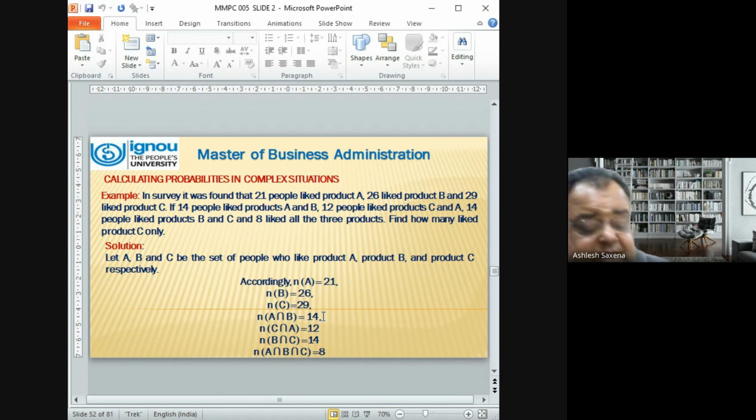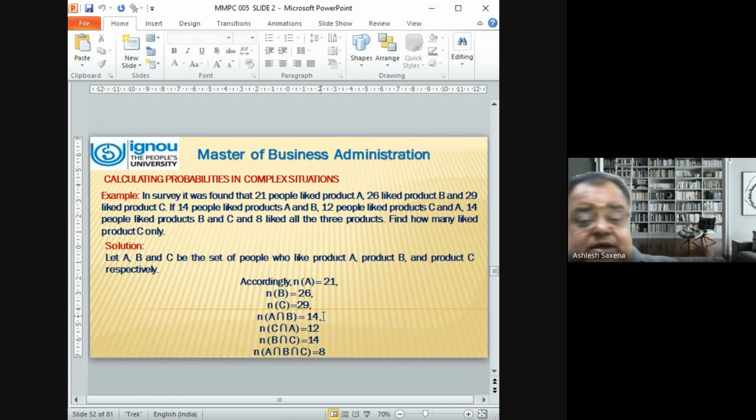Now see, in a survey, it was found that 21 people liked product A, 26 liked B, and 29 liked C. If 14 people liked A and B, 12 people liked C and A, and 14 people liked B and C, and 8 liked all the three.